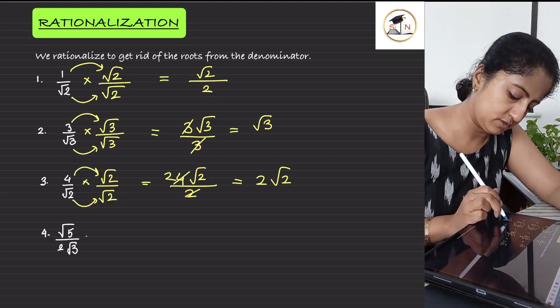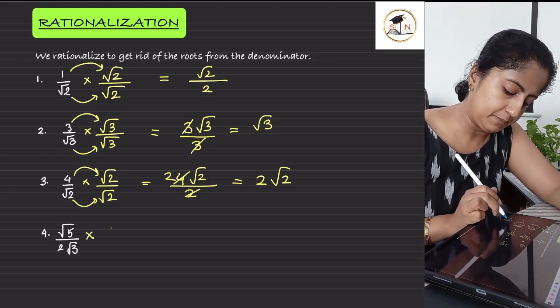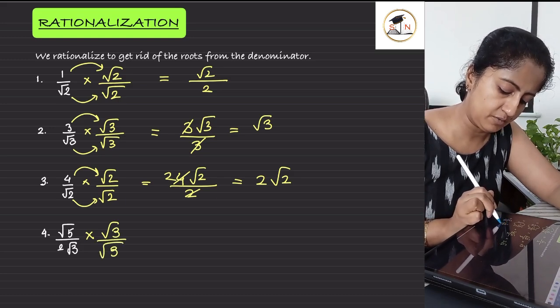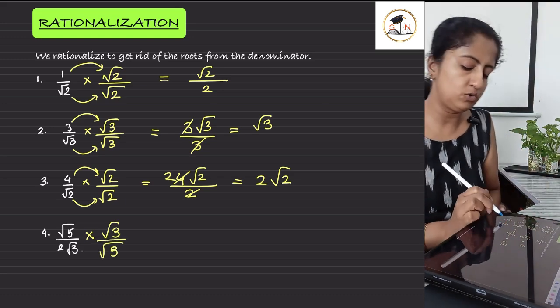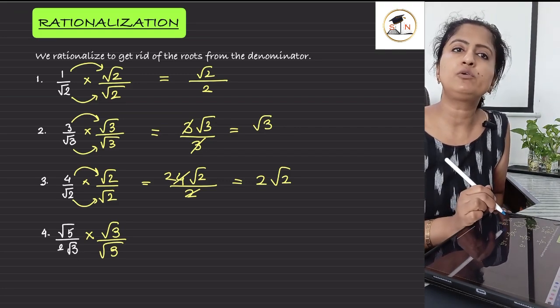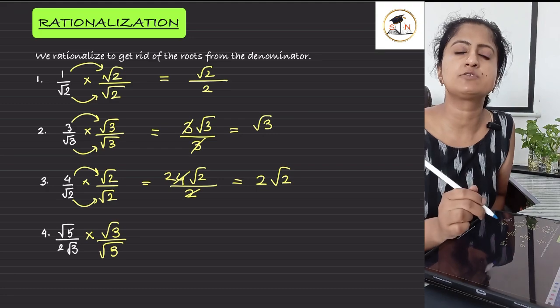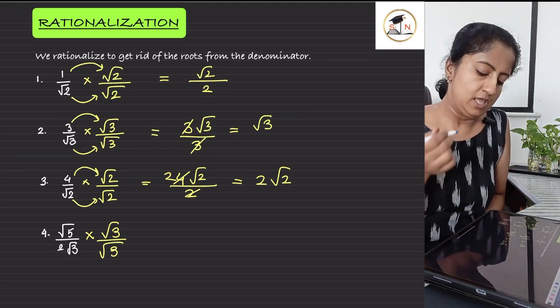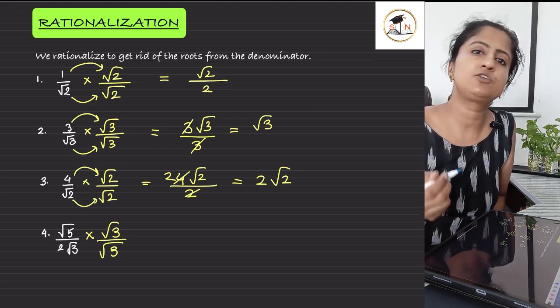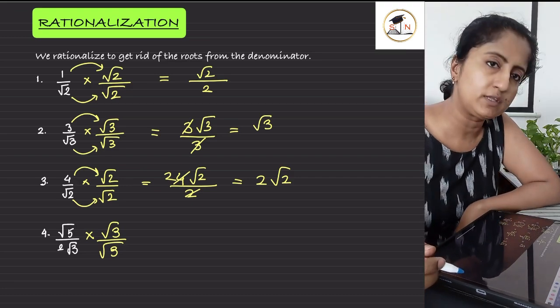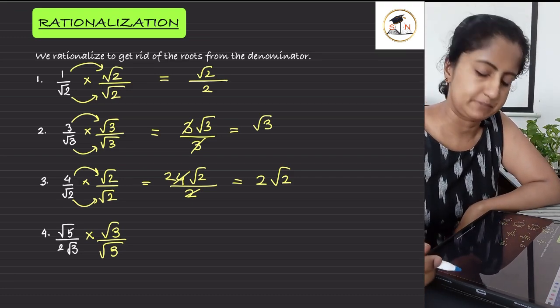The last question on the screen, we will multiply with root 3. Now over here in the denominator you can see we had 2 root 3, but we are not going to multiply with 2 root 3 or divide by 2 root 3. We are just using root 3 out of that. The rational component is not going to matter, but it is going to increase your calculations if you include that in the rationalization steps.